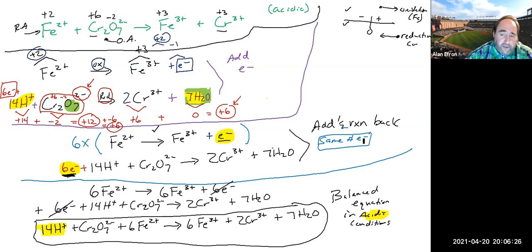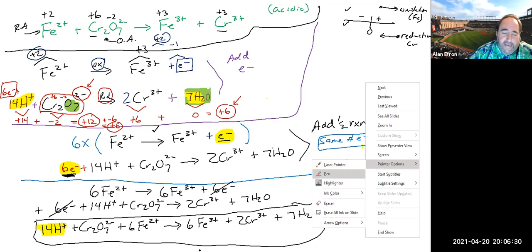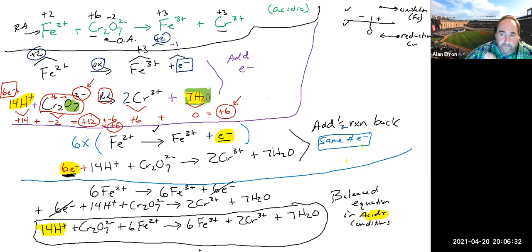Now, let's just make sure really quick that I didn't screw up, because it can happen. Let's start with the elements to make sure that they're balanced on both sides. We basically have hydrogen, chromium, and oxygen, right? Left-hand side of the arrow, 14 hydrogens. Right-hand side of the arrow, 14 hydrogens, 7 times 2.